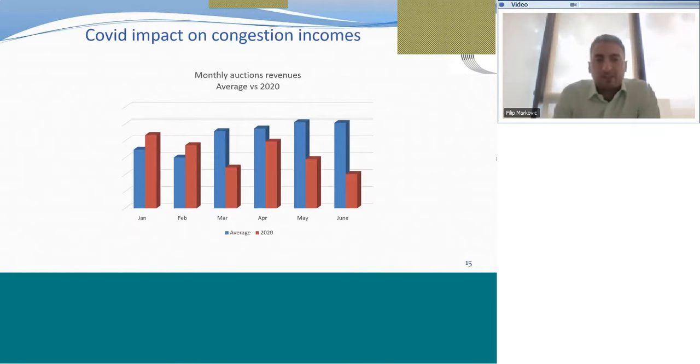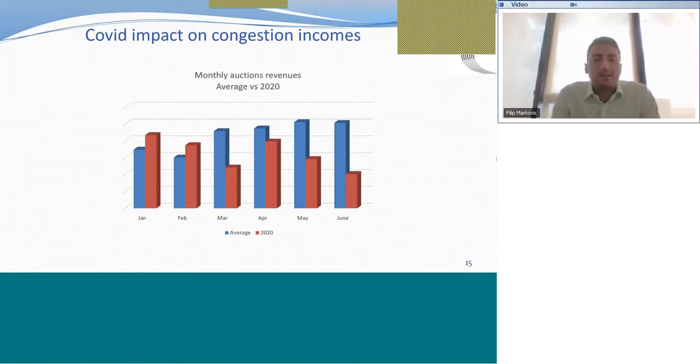This is something that I thought might be interesting for you. When the whole lockdown and the COVID situation started, we checked the impact on our congestion incomes. We can compare monthly auction revenues from the ongoing year 2020 with the 3 to 5 year average monthly auction revenues, based on availability of data in our records, because not all the borders started allocation in SEE CAO at the same time.